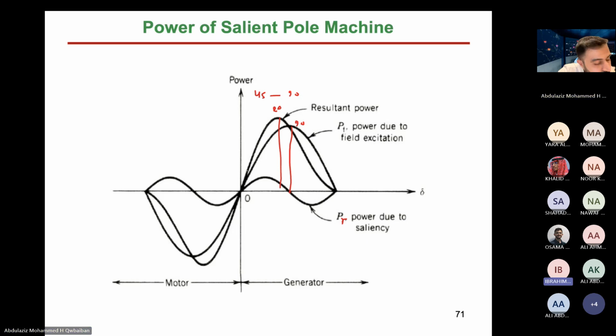Present. Ahmed. Ahmed Baloo. Ali Alwan here. Present. Let me check the names, it's easier. No need to say yes. If I don't find your name, I'm going to call your name.